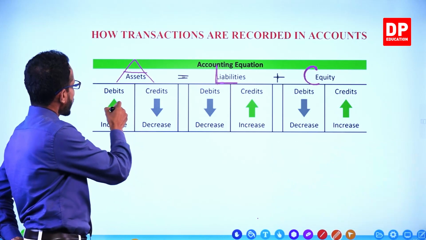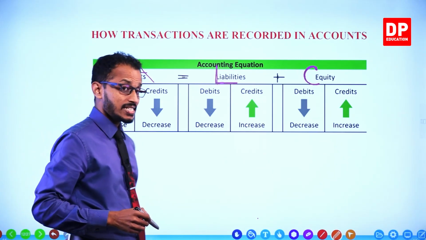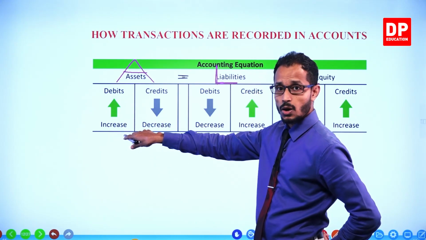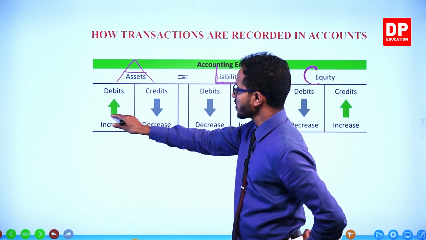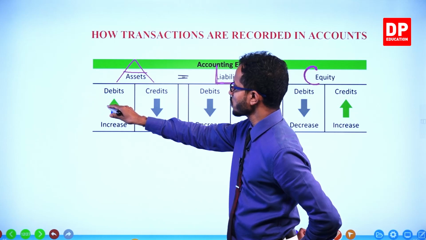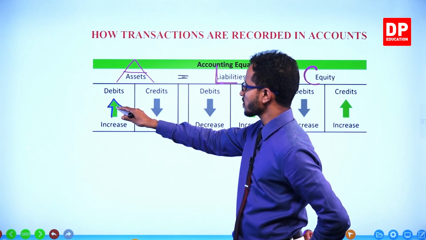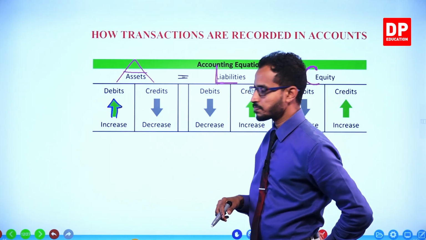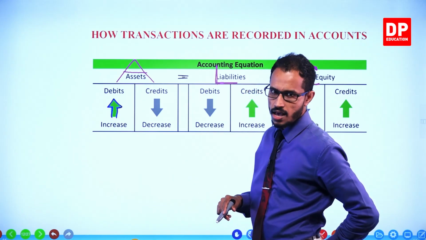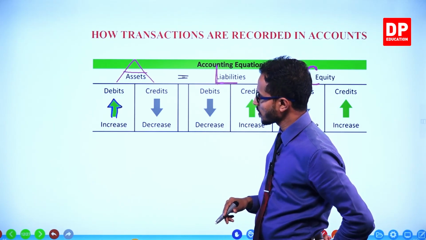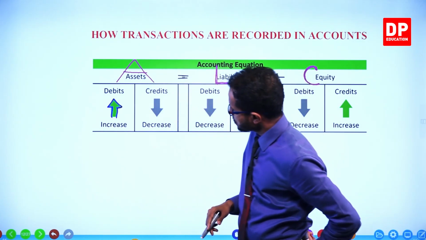Now, as you can see very clearly, children, we have assets increasing right below, and I have shown you that assets increasing are debited. Assets increasing are debits always. Can you see this?